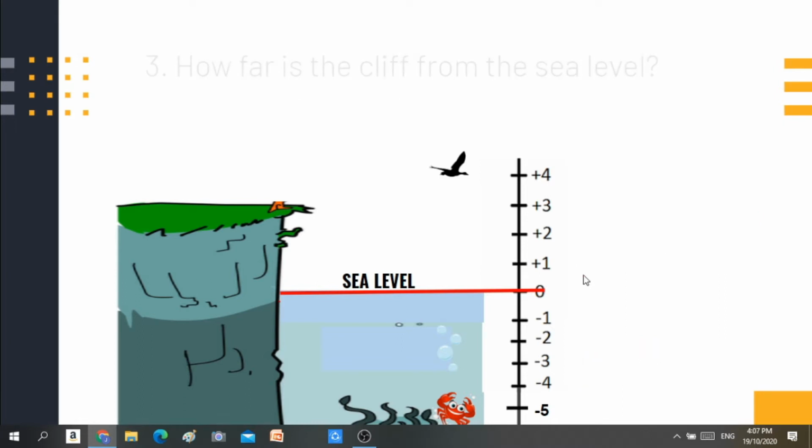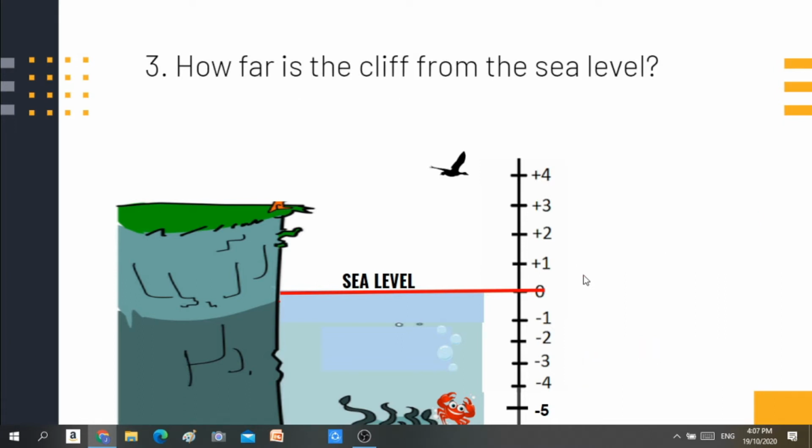Okay, question number 3. How far is the cliff from the sea level? So, since we have this, okay, ayun, ang ating cliff. Now, we have the sea level here represented by 0. So, how far is it? So, since this one step is considered as a unit. Ang isang ganito ay isang unit. So, yung unit ay nirepresent natin as 1 foot.